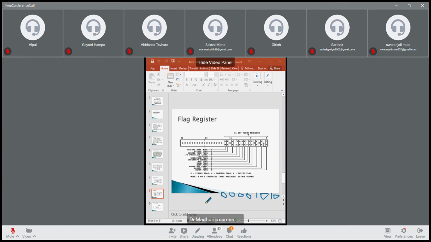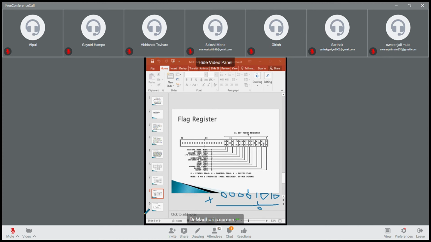Whenever you are doing some calculations, say 1 plus 1, how much is it? 0 carry 1. That means from the least significant digits a carry is generated, and then this flag will be set. That is the auxiliary flag. Understood?